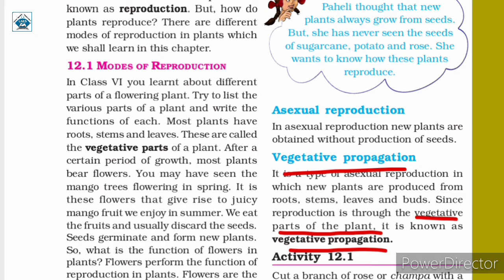Only one parent can produce the identical offspring in vegetative reproduction. So the parts that are involved in vegetative reproduction are roots, stems, leaves, and buds of the plant. Now all these are the vegetative parts. So the reproduction from vegetative parts is called vegetative propagation.